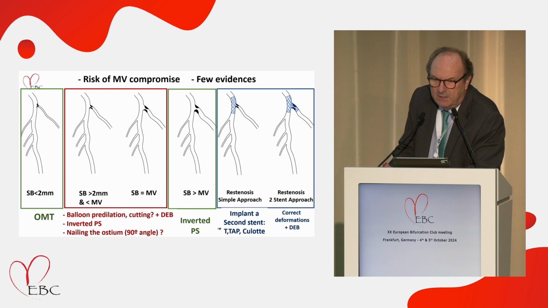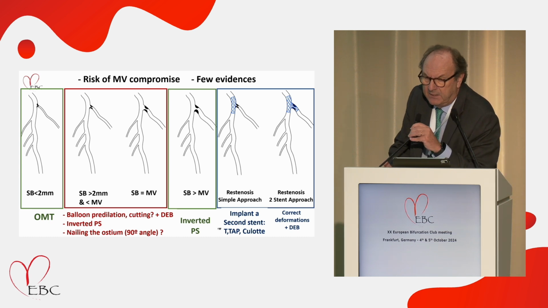In the middle, the side branch is significant, close to the main vessel or a little bit smaller. And here you have different possible strategies. The use of DCB with a good preparation of the plaque, inverted provisional, or nailing the ostium, as Soledad mentioned, in the left main when the angle is favorable.